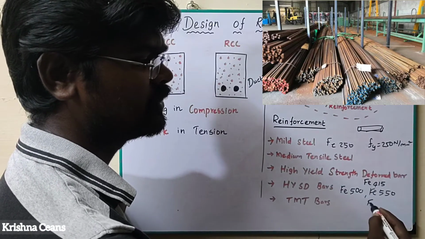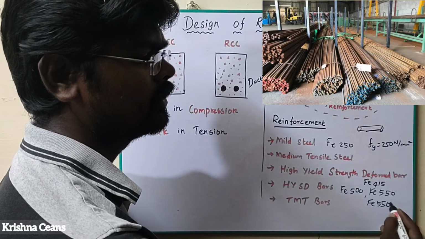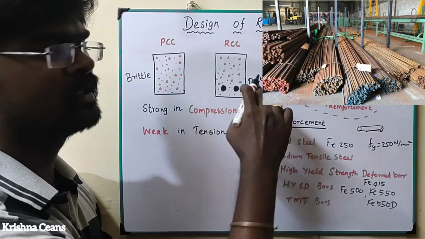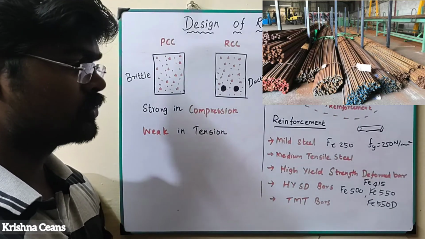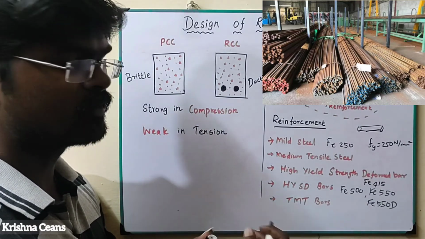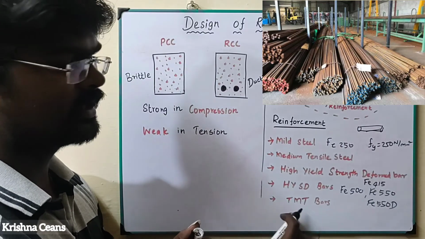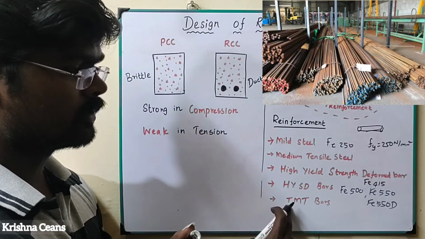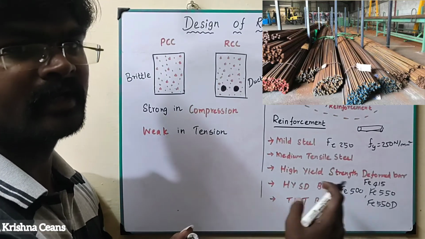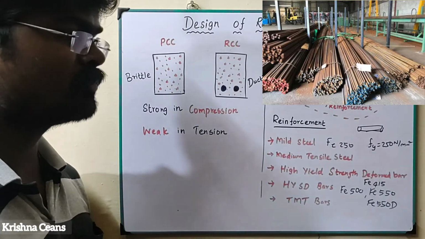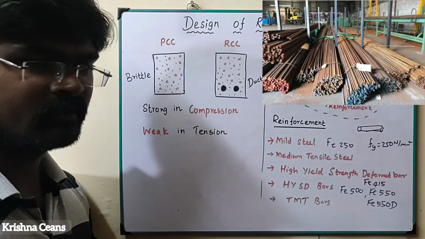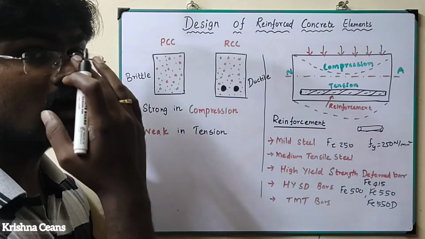Nowadays we are using Fe 550D also. D is the ductility, durability, like that we can easily say. After that, thermomechanically treated bars, simply mentioned as TMT bars. So these are the bars, the reinforcement we use for RCC.